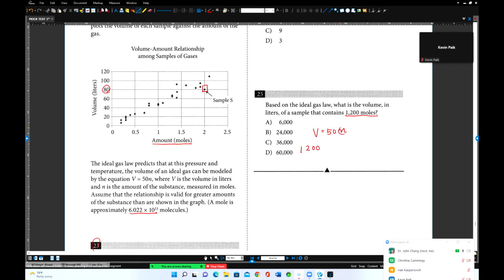Yeah, there are 1,200 moles there. Just substitute over here, okay? We already got the number of moles. So volume equals how much? 50 times 1,200 equals 60,000 liters. That's the volume, okay? Okay, that's it. 25 is this answer, okay?